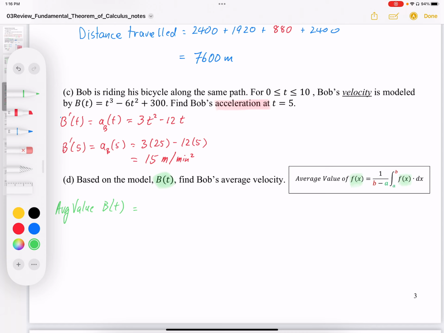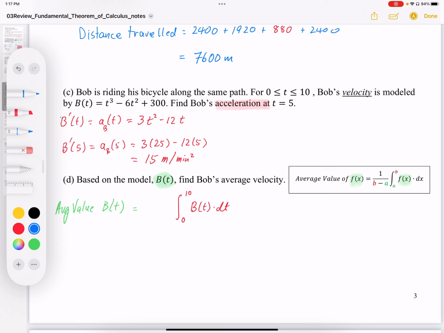So the average velocity is going to be calculated from the area under the curve, which is a total distance. So that total distance traveled from 0 to 10, under the b of t function. So that's the total distance traveled, or the total displacement, and then we're going to divide it by the time interval.